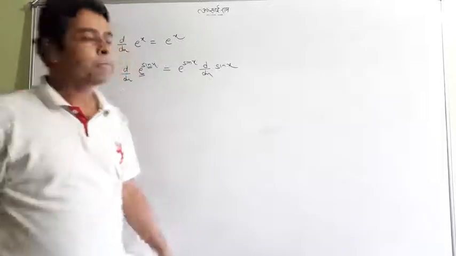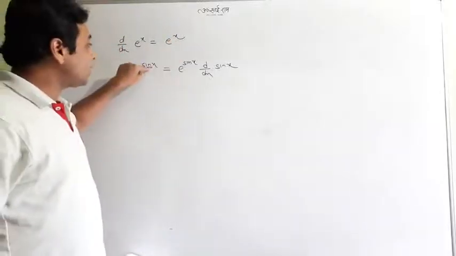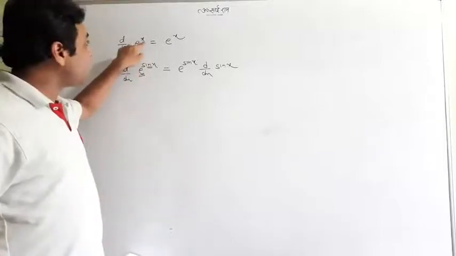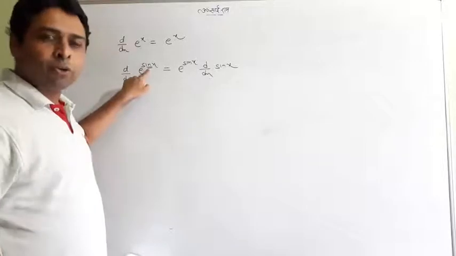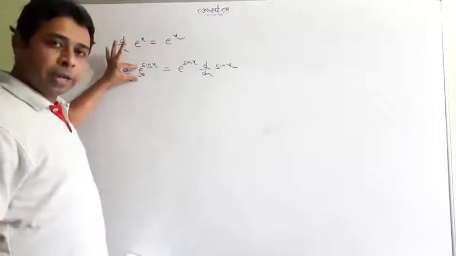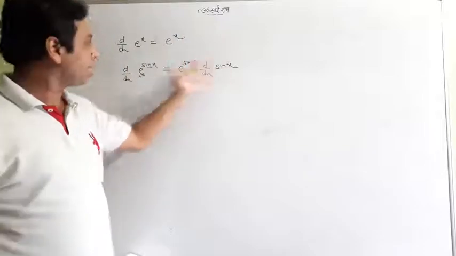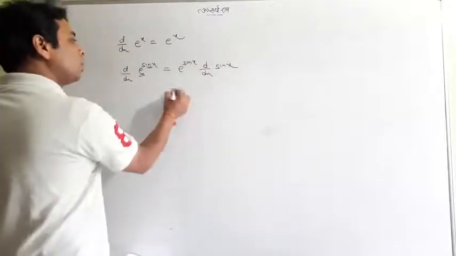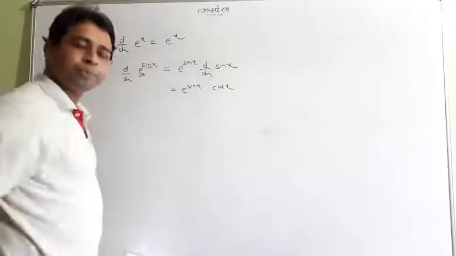So e to the power sin x is nothing changed, but only x has become sin x. First I'll differentiate e, so e will be the same, and then do again of sin x. Now the answer is in front of you: d by dx of sin x is cos x.